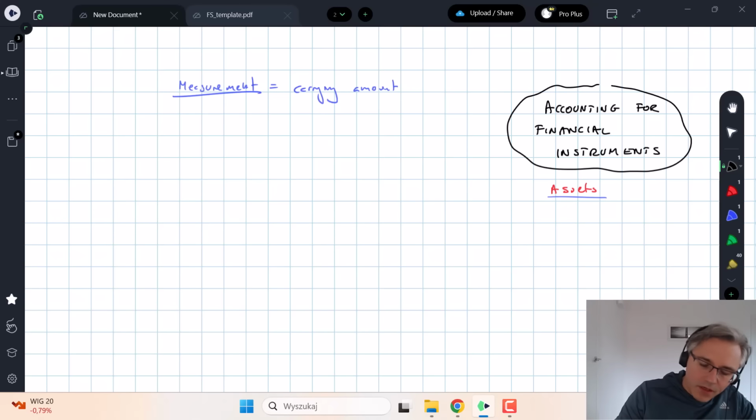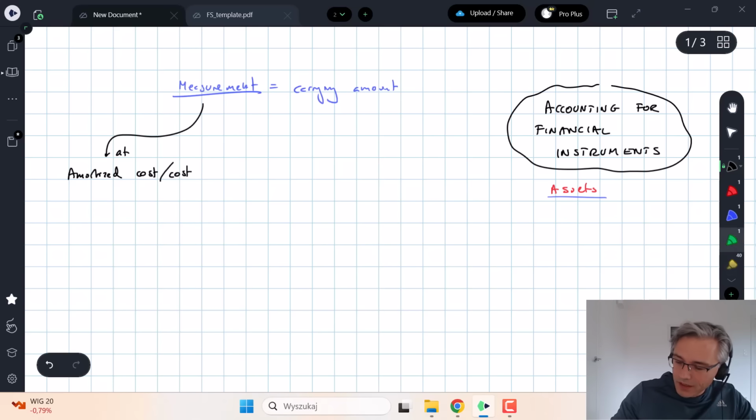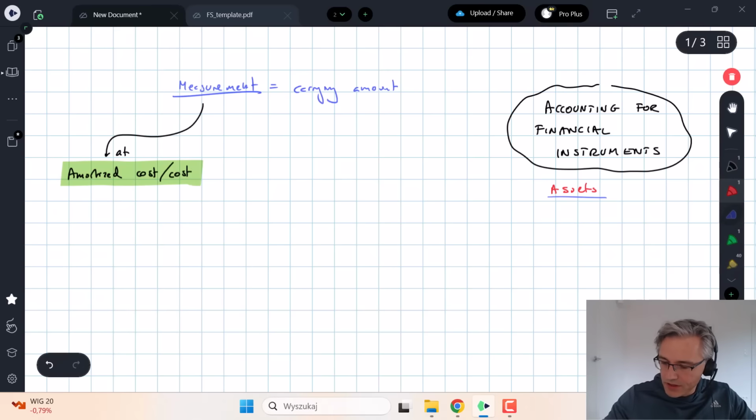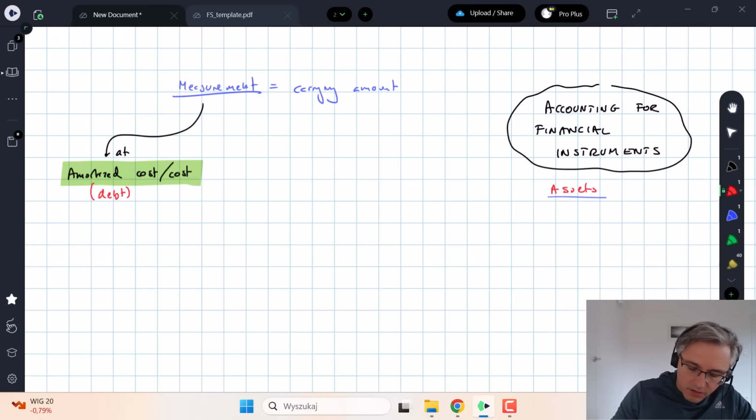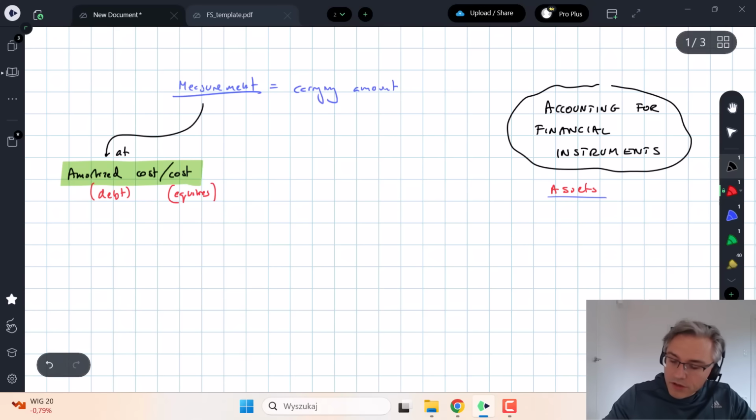You can either measure the carrying amount at what is known as amortised cost, or cost. Now, this cost bit really applies more to equity securities. Amortised cost is the one we apply to debt. So cost would be relevant to equities, which are sometimes indeed reported at cost.